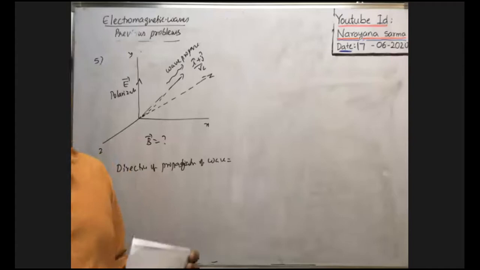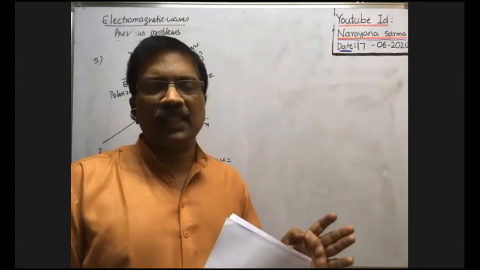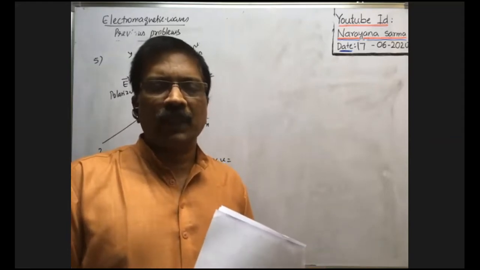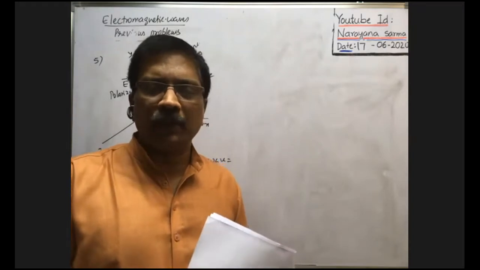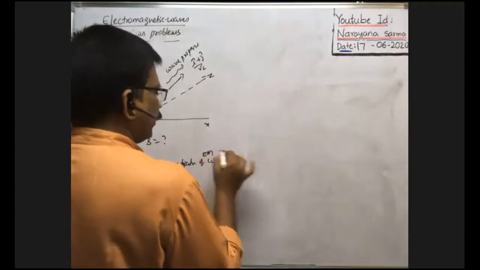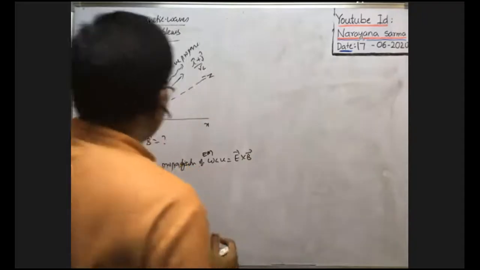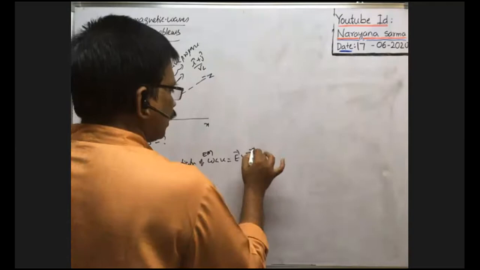If the intensity of the electric field is E bar and the magnetic induction is B bar in the electromagnetic wave, then the direction of propagation of the electromagnetic wave is along E bar cross B bar, no? Direction of propagation of the EM wave is along E bar cross B bar. This is the direction of.